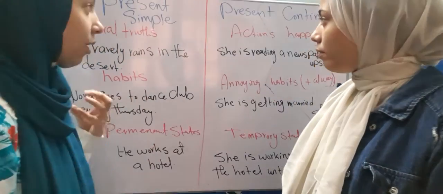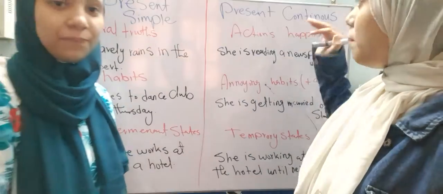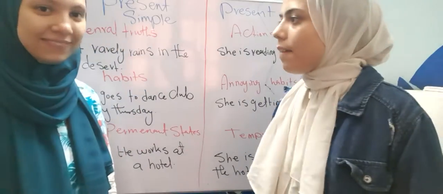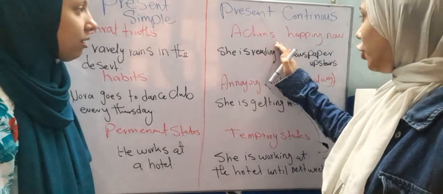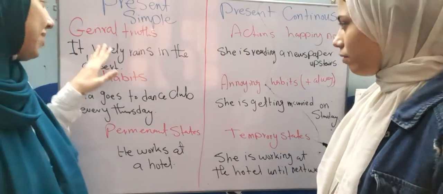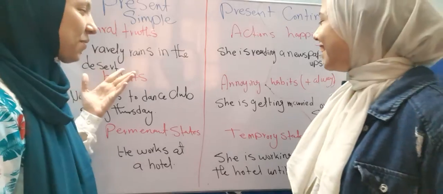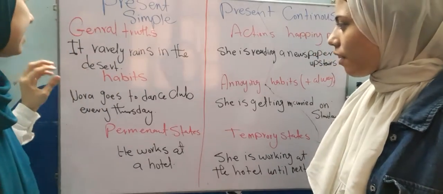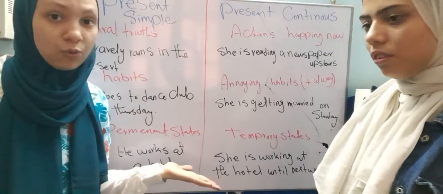Okay, so now let's compare the present simple and the present continuous. In the present continuous, we express an action which is happening right now. Let's have the present simple first. In the present simple, we express a general truth. For example, it rarely rains in the desert, so it's a general truth.